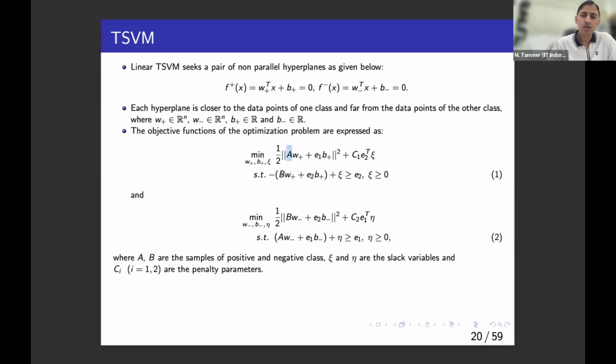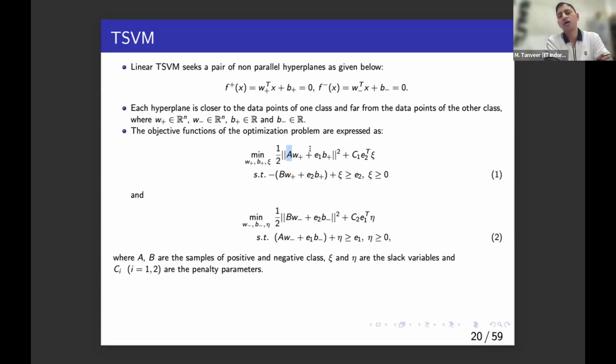Essentially, twin support vector machine comprises a pair of quadratic programming problems such that in each QPP, the objective function corresponds to a particular class and the constraints are determined by the patterns of the other class. You can see this easily for each QPP.